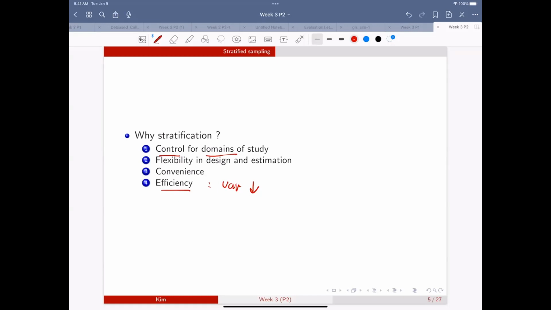To be more rigorous, the variance of the Horvitz-Thompson estimator under stratified random sampling will be smaller than the variance of the Horvitz-Thompson estimator under simple random sampling, given the same sample size. To make the comparison fair, we want to use the same sample size, right? Given the sample size, a well-designed stratified sampling can reduce the variance.